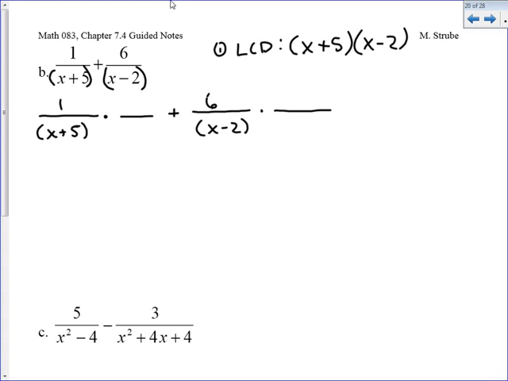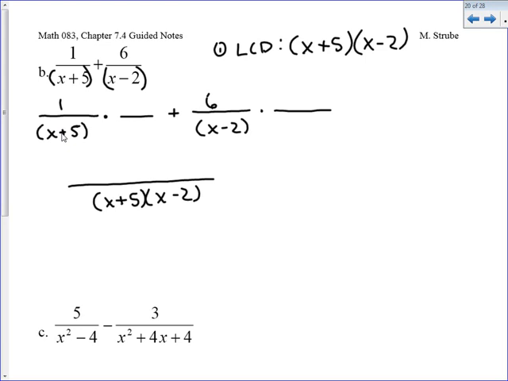So what I'm looking for now is something to multiply each of those by so they get both factors in their denominator. If I look at this first fraction, it's got x plus 5. Which factor of my common denominator is it missing? It's got x plus 5, right there.